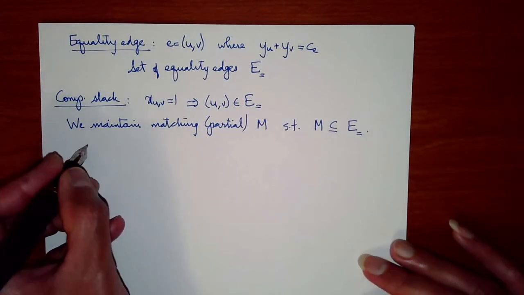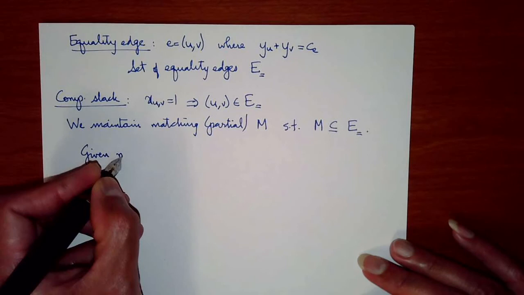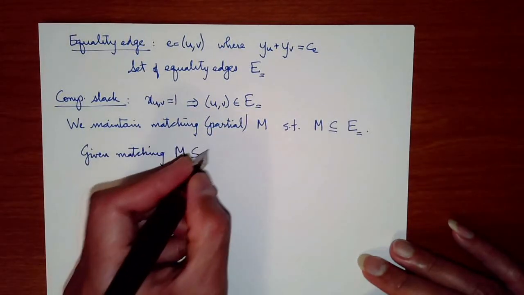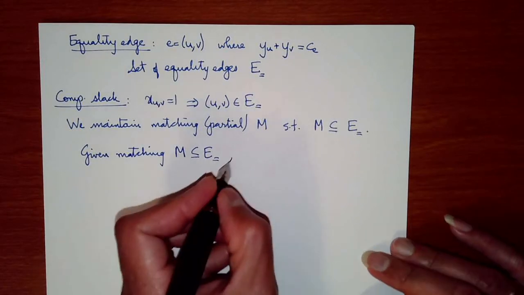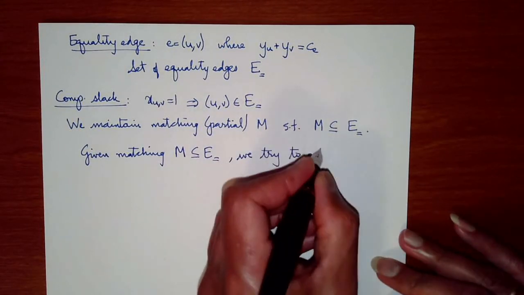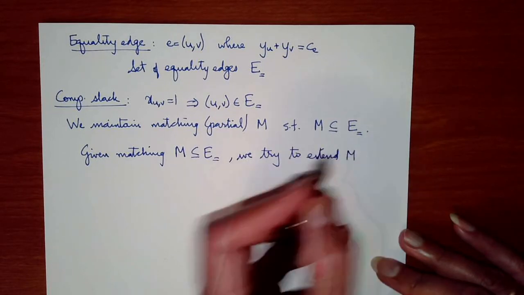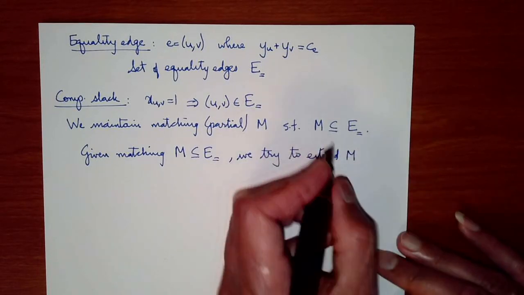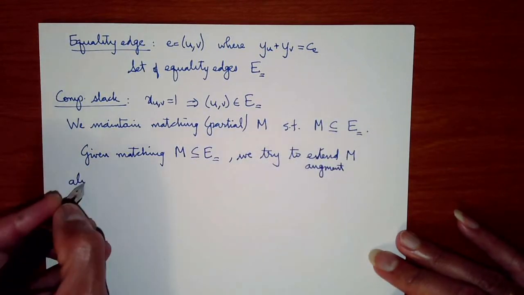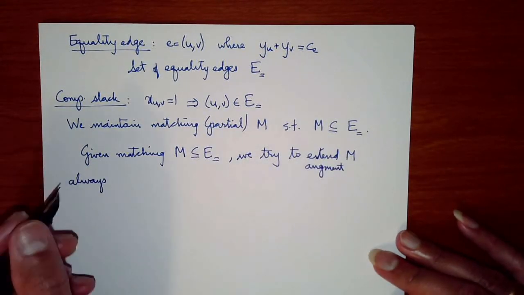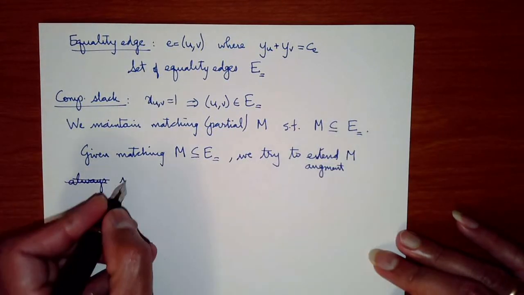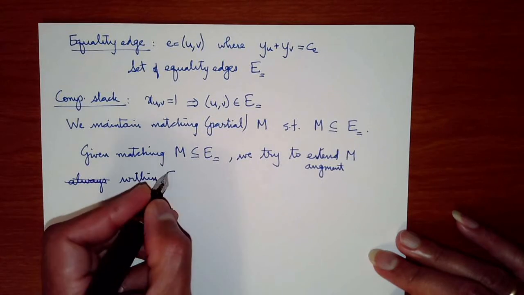So given a matching M in the equality set, we try to extend, or augment, M. Always, we try to extend M within the equality set.